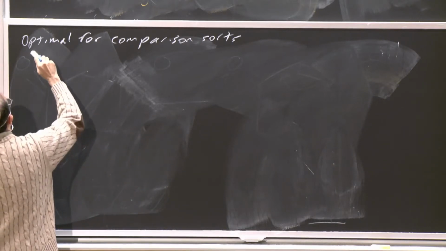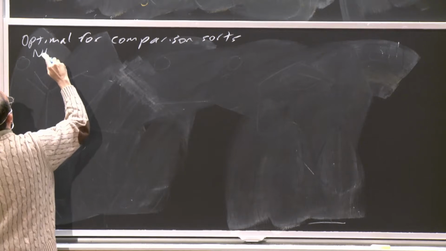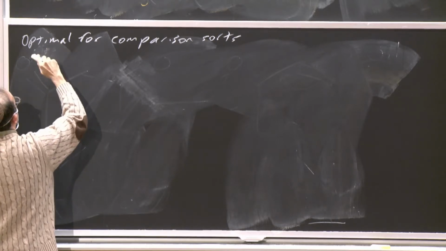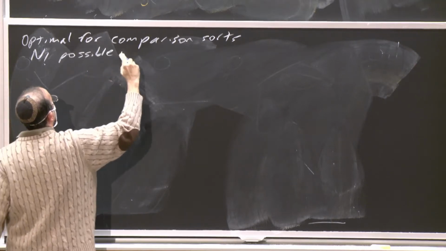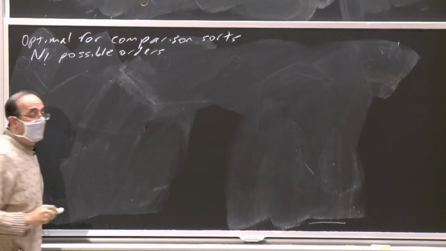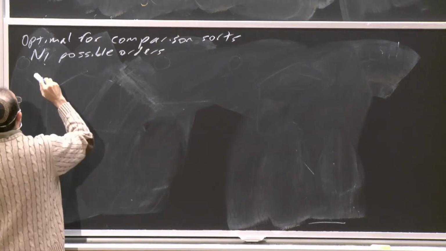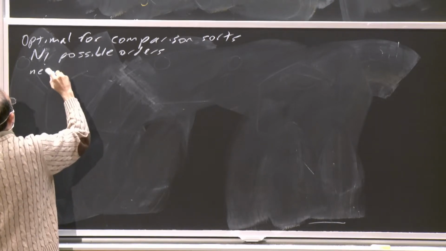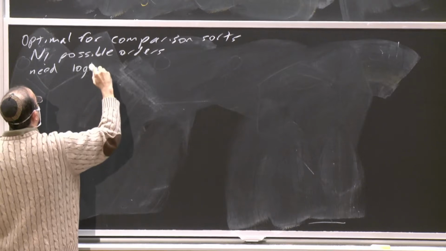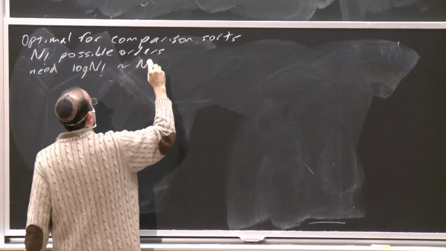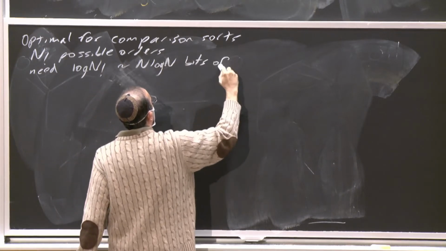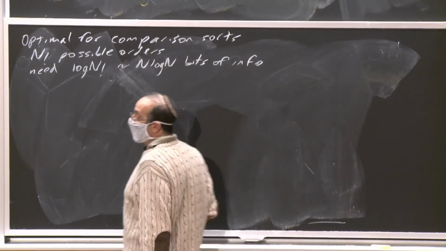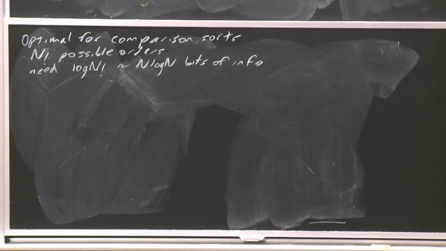The point is that there are n factorial possible orders of the items, right, as usual, which means that you need log of n factorial, which is about n log n, bits of information to decide which order is the sorted order for your items.